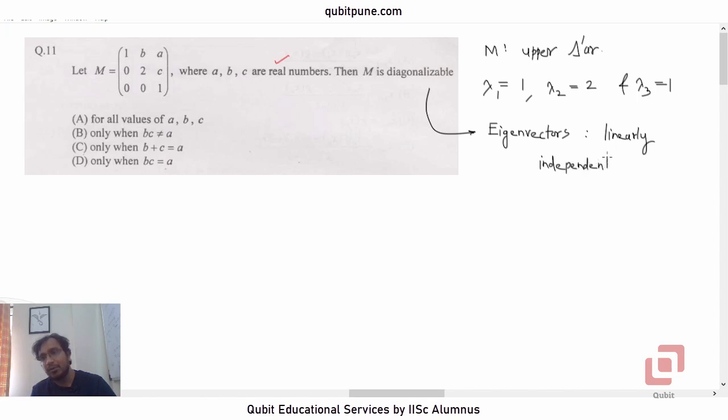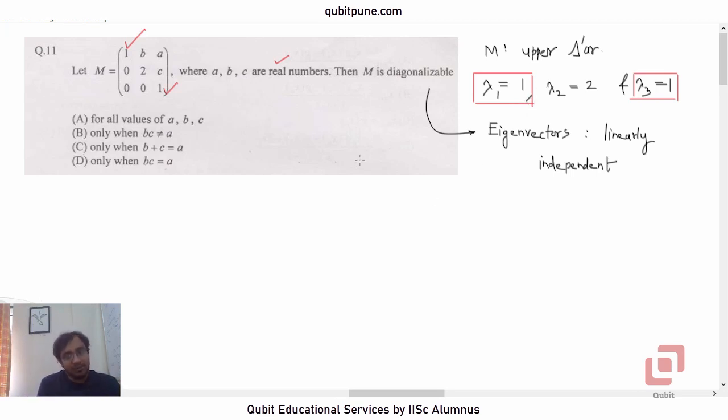Now we already know that if a matrix has distinct eigenvalues, then it is always diagonalizable, because eigenvectors corresponding to distinct eigenvalues are always linearly independent. But for the matrix M, because this element is equal to this element, we need to investigate this situation further, and that is what the problem asks us to do. When can M be diagonalizable, although it has two eigenvalues which are equal?